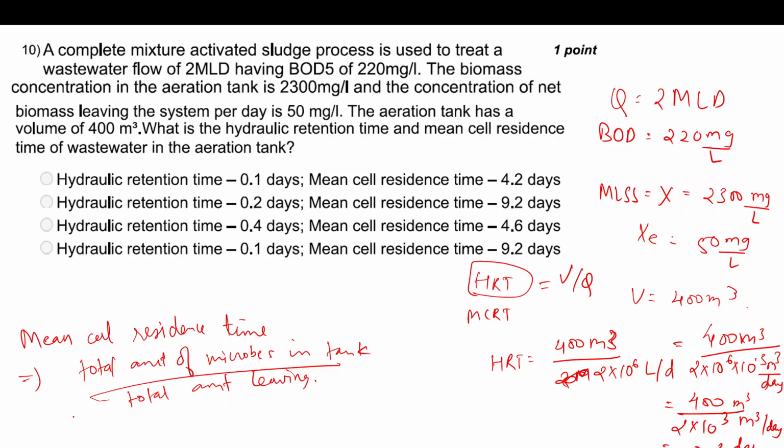For the total amount of microbes in the tank, you are given the concentrations, 2300 milligram per liter and 50 milligram per liter.